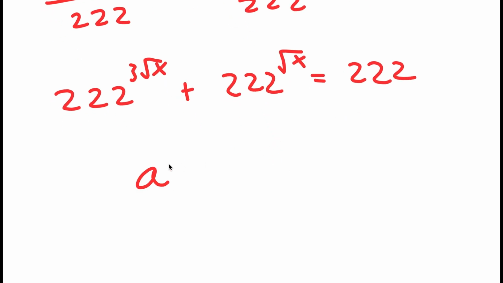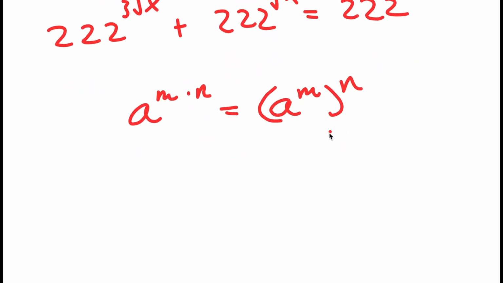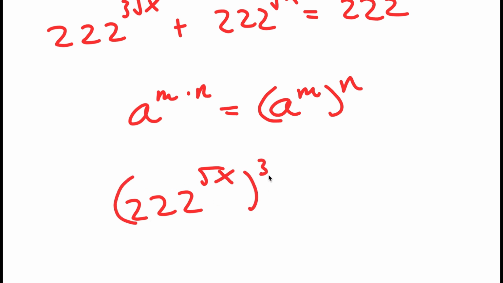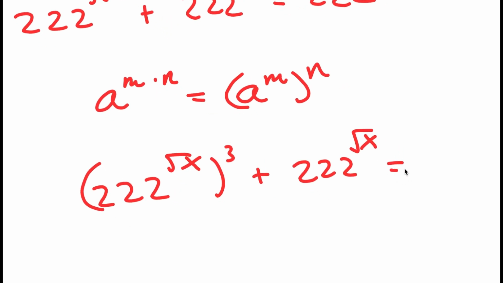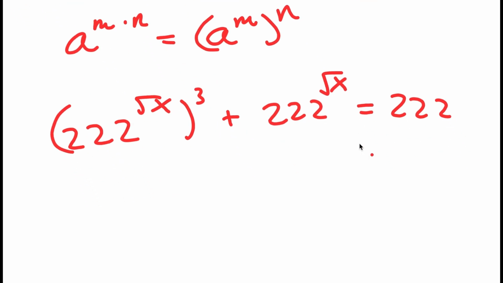Now, if I have something in the form a to the power of m times n, this is equal to a to the power of m to the power of n. So, I get 222 to the power of 3, to the power of root x to the power of 3 plus 222 to the power of root x is equal to 222.